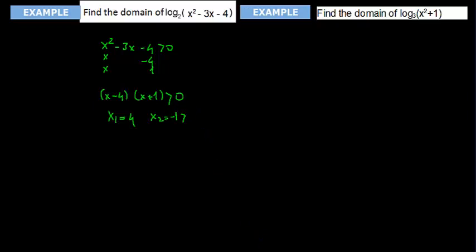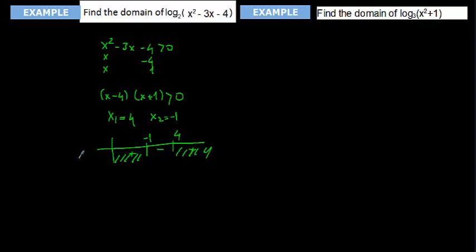With respect to these two critical points, here we are going to draw the table, and here minus 1 is on this side, plus 1 is on this side. Here it's going to be plus, minus and plus. We are looking for the greater than 0 part, so we are going to take always pluses.